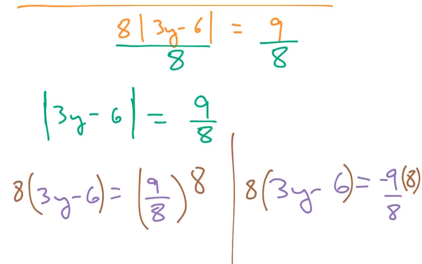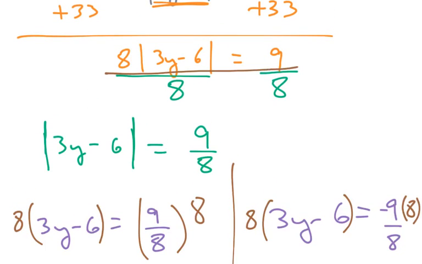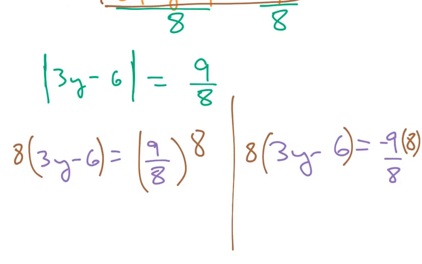Some of you maybe saw that if you just left the 8 there and applied it, you would really just end up getting back to this step right here. Yes, that is actually true.